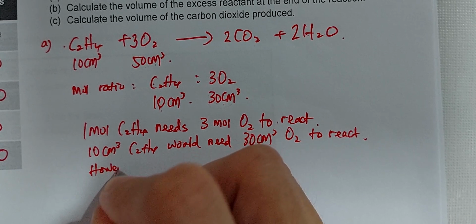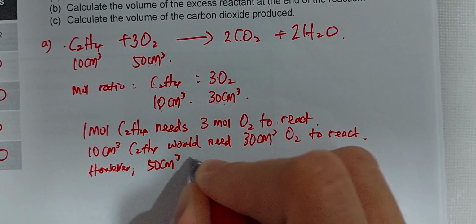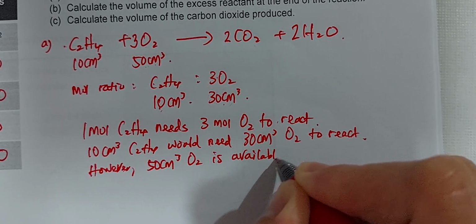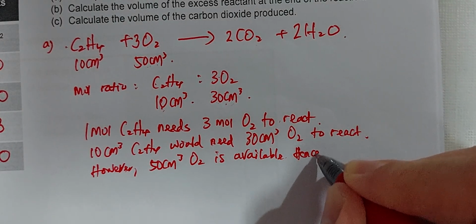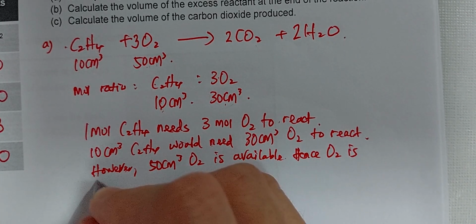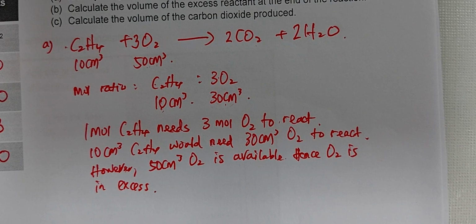However, 50 cm3 oxygen is available. So what is available is more than what is needed. Hence, oxygen is in excess. That's it.